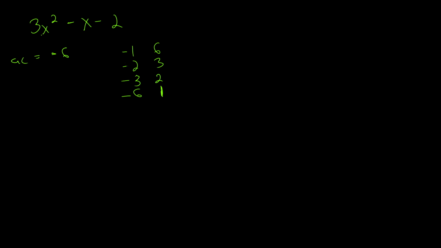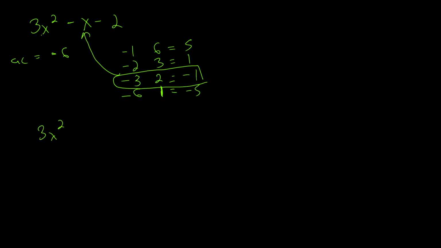I want the ones that add up to negative 1. So if I add these up, that's 5, 1, negative 1, and negative 5. And so this is the one I want. It's going to add up to negative 1, and I'm going to replace this middle term with that.